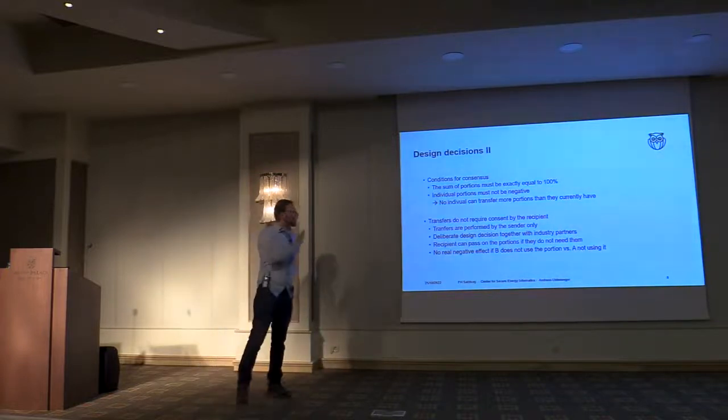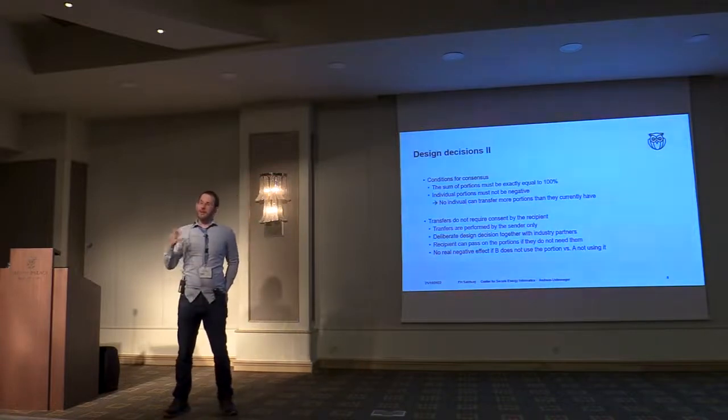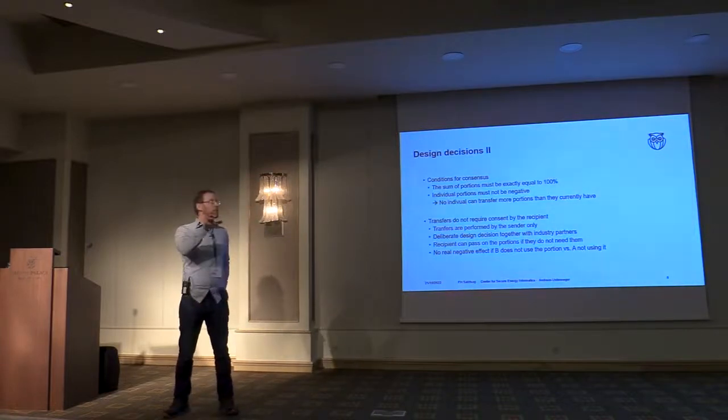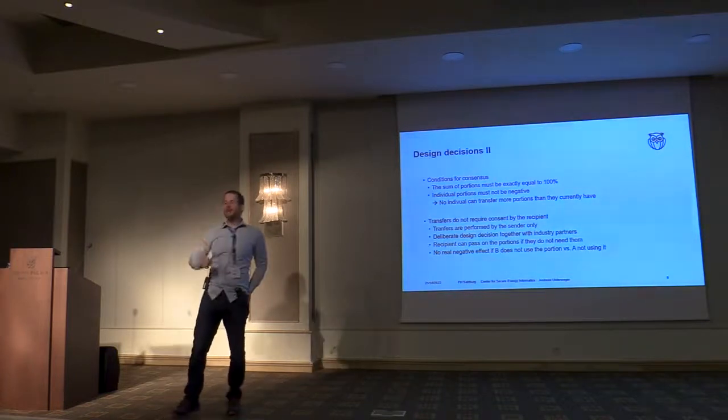There's also one other aspect that the law, as far as we could tell, did not explicitly state. You can transfer a portion of your PV to your neighbor, for example. It did not say that there should be any consent by the receiving party. So for example, I can say, I give to my neighbor 20%.